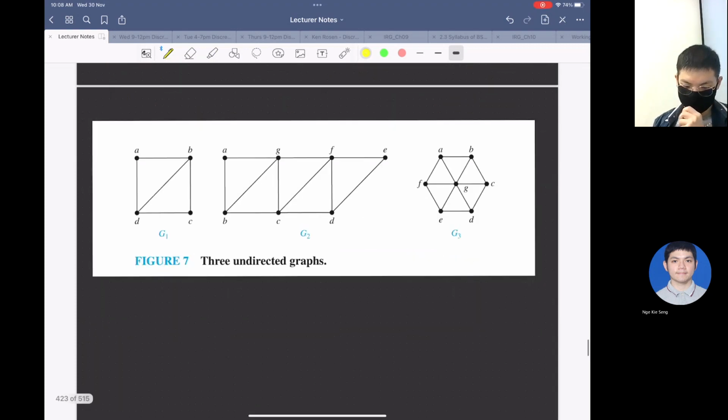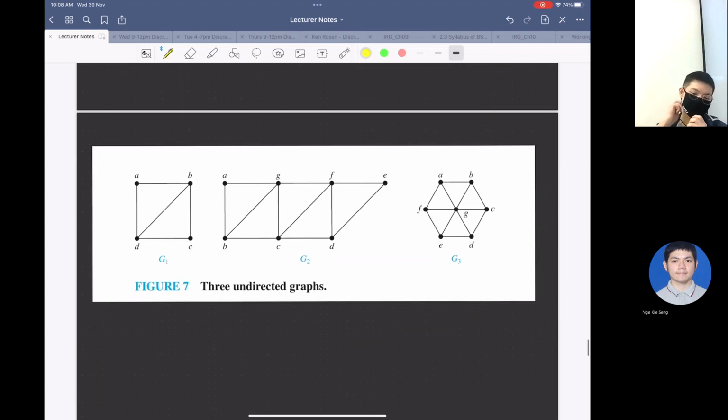Okay, good. Now this one: use the theorem to test whether this graph has an Euler path or not. Does G1 have 2 odd degree vertices? Which ones? B and D. How about G2?